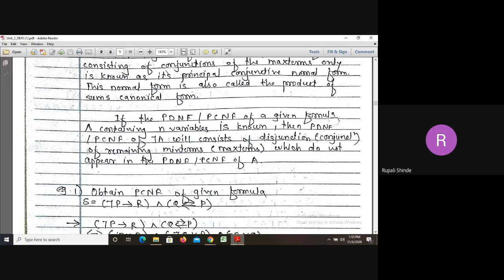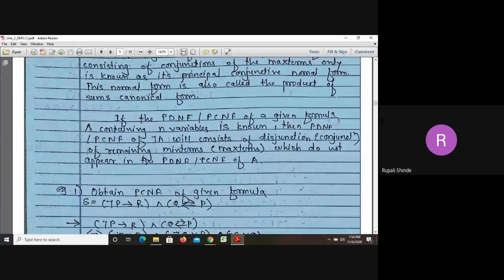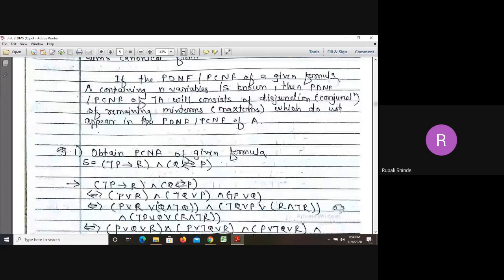So think about Q conditional P. After removing the conditional, what will the formula be? Negation Q or P, correct, and negation P or Q. Good. So that we have written here: negation Q or P and negation P or Q.